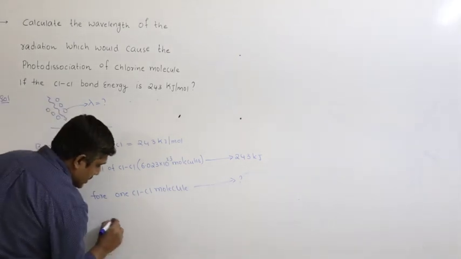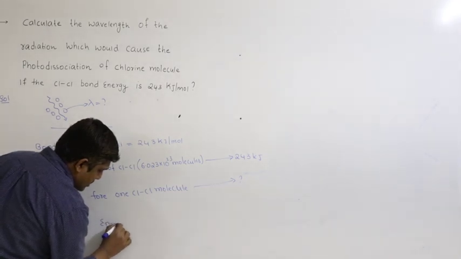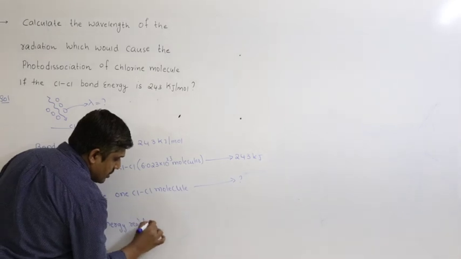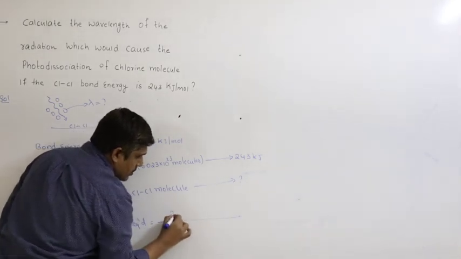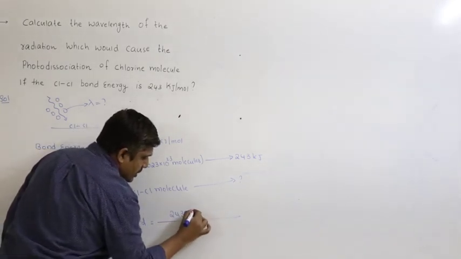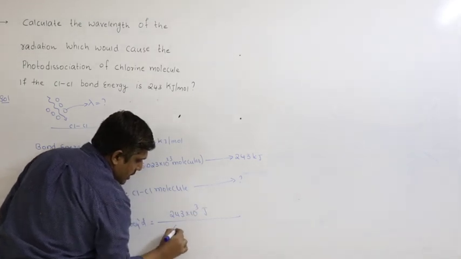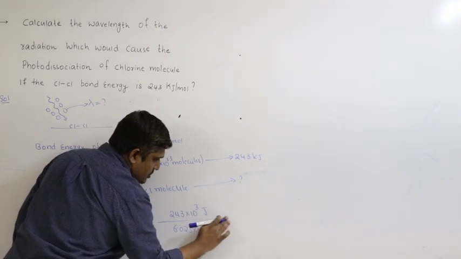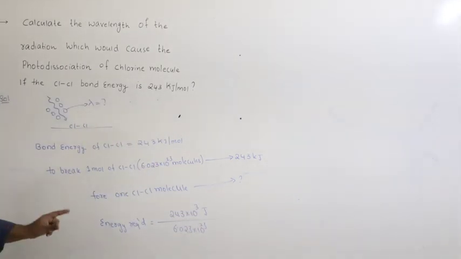So the energy required is equal to 243 into 10 power 3 joules by Avogadro number. So this much amount of energy is required to break 1 Cl molecule.